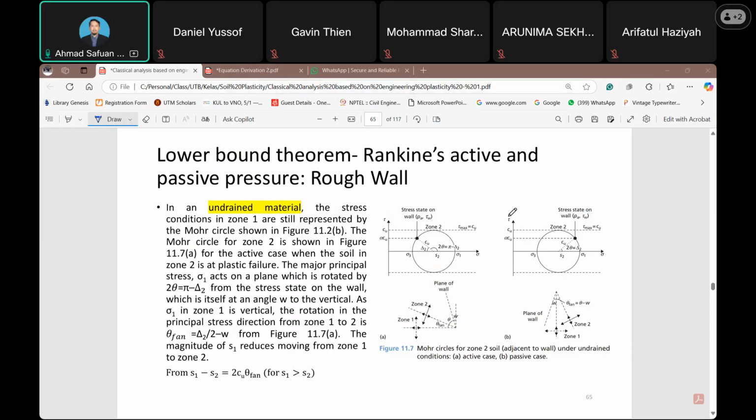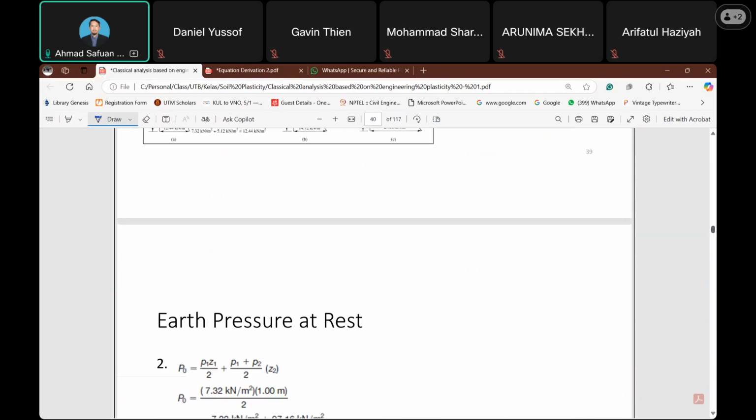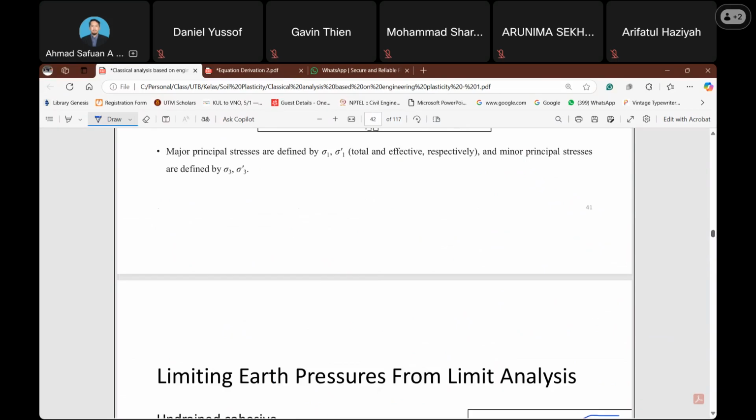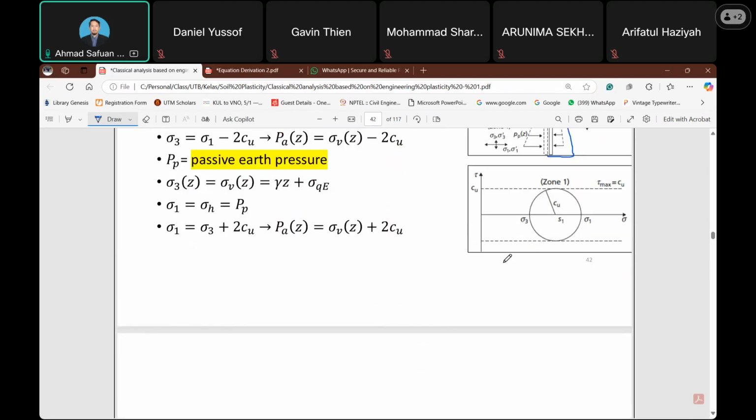So you need to go back to our previous discussion, 11.2b, because I did not put the notes on that. Put in your notes that 11.2b is at your slide number 42.